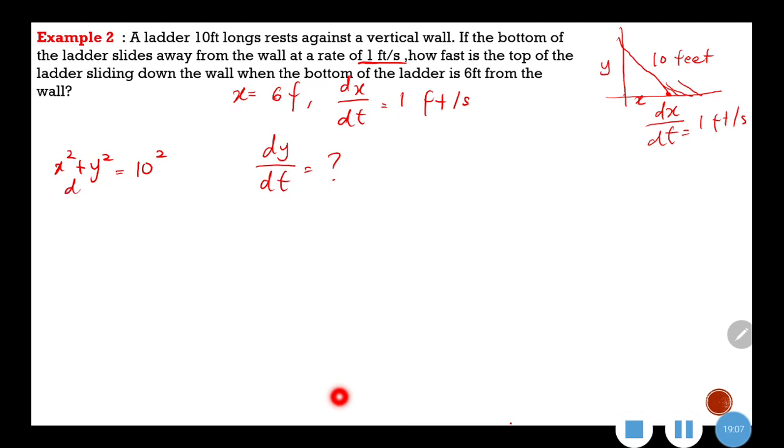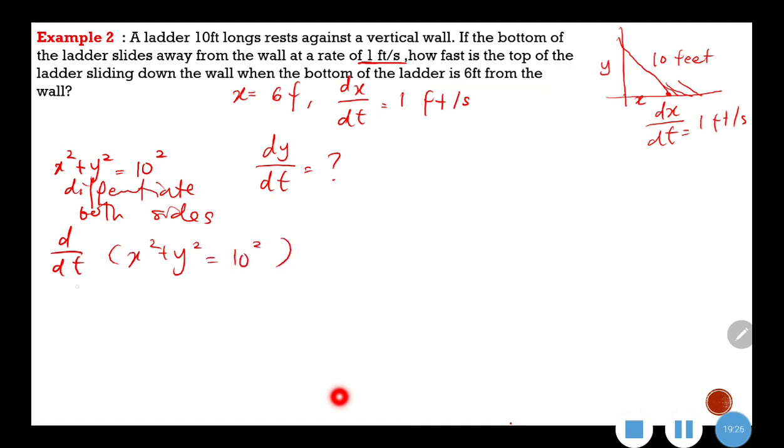So we differentiate both sides with respect to t. This is the implicit differentiation.